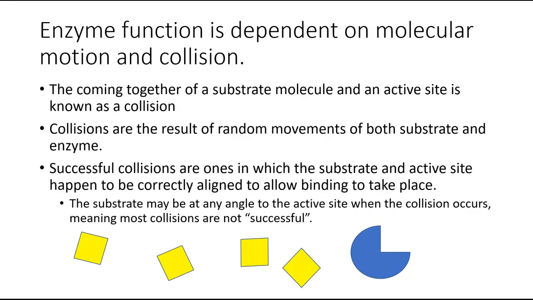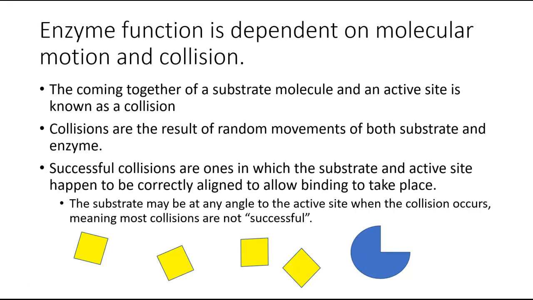In any solution, the molecules that make up that solution are constantly in motion. And so within a particular solution, the enzymes that are free in that solution are going to be moving, and the substrates that are free in that solution are going to be moving as well.